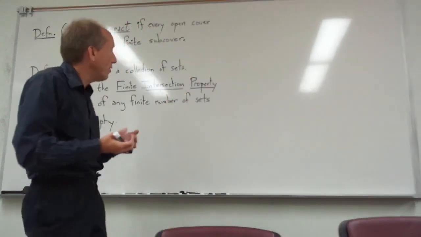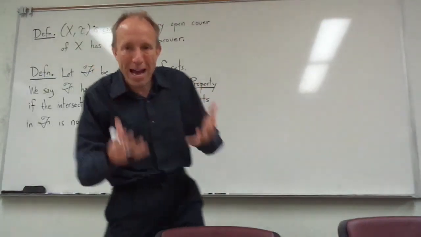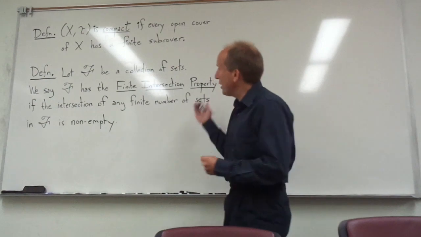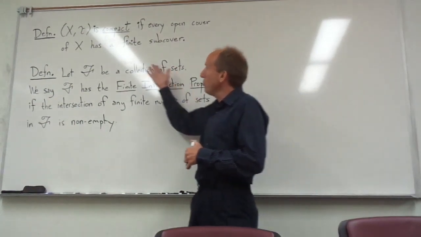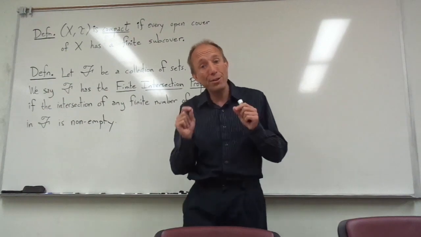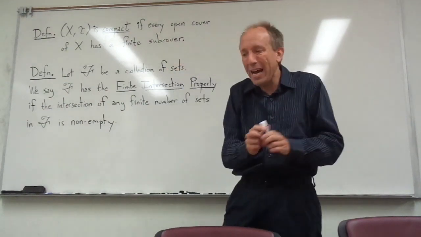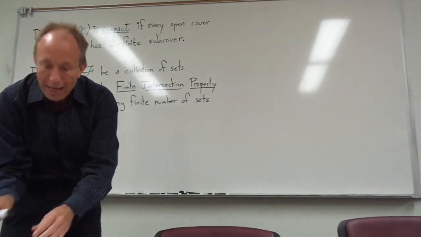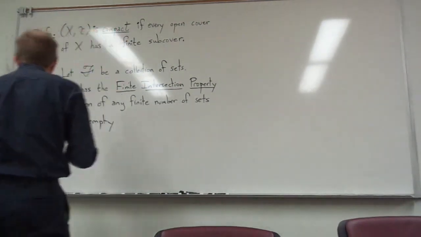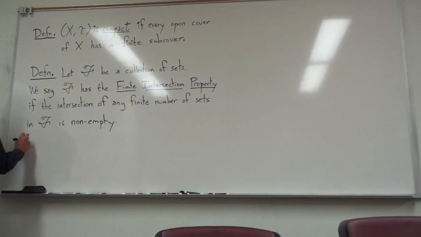And it turns out that I can describe compactness for you using the finite intersection property applied to a collection of sets. And those sets that we're going to look at are going to be closed sets. So with that in mind, let me come over here and state a result.